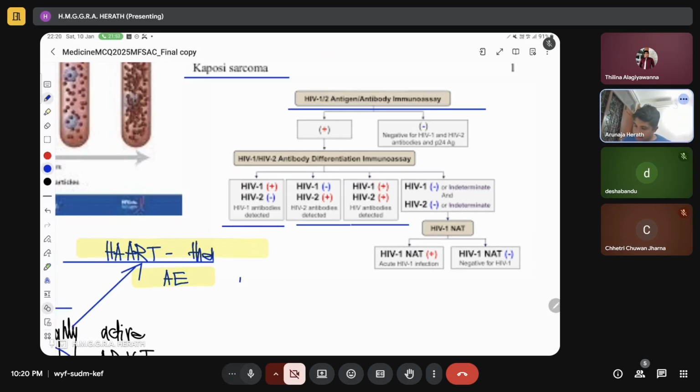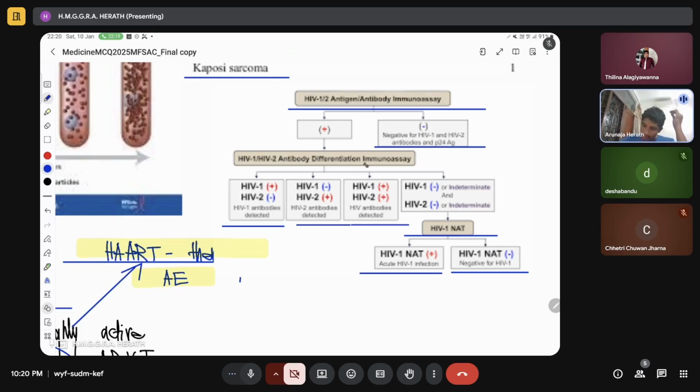Antibody test. If that is negative, we do HIV PCR, DNA PCR. And when we do HIV DNA PCR, we can diagnose whether the patient is having the actual HIV virus or not, right? So antigen and antibody tests are the main tests for HIV.